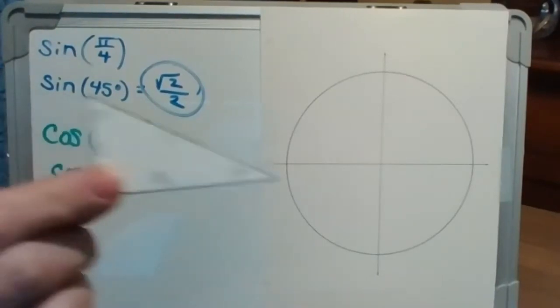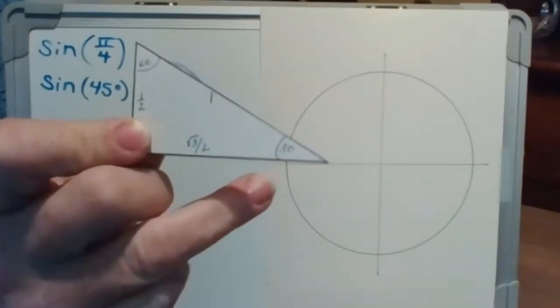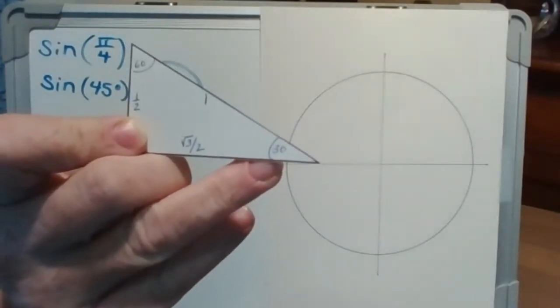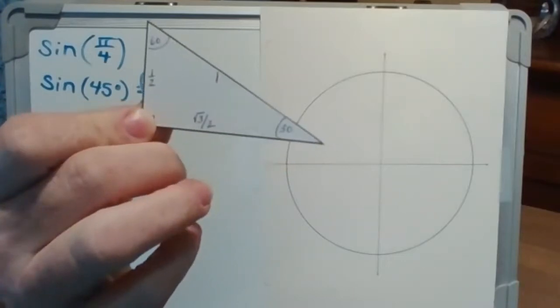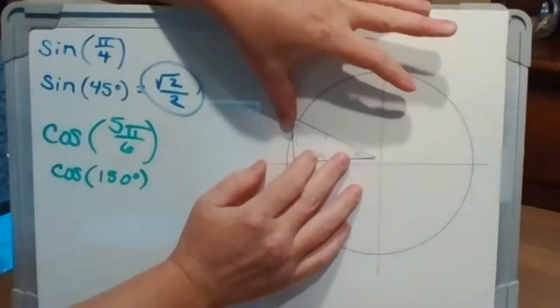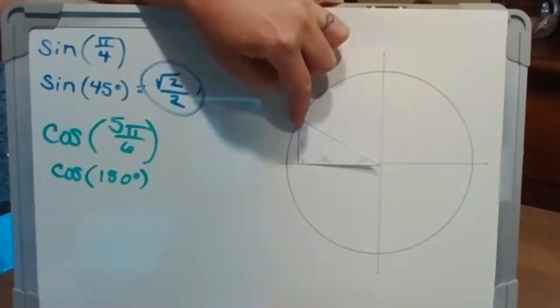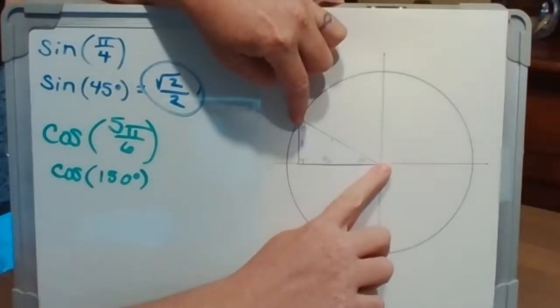So this time we're going to use our 30-60-90 triangle, and we're going to be sure to put the 30 degrees at the origin and the right angle on the x-axis. So it looks like this. And now we can use the sides of our triangle to help us find cosine.